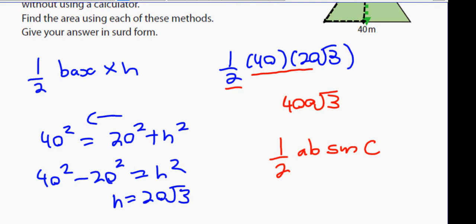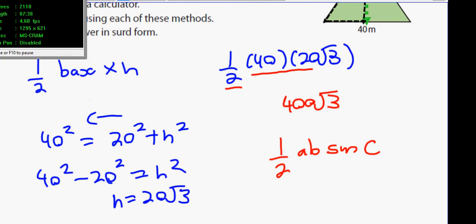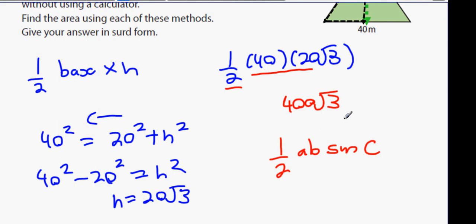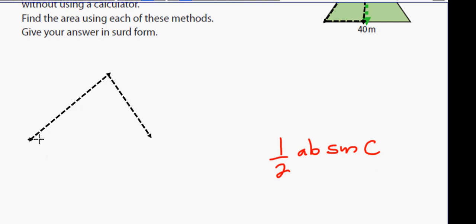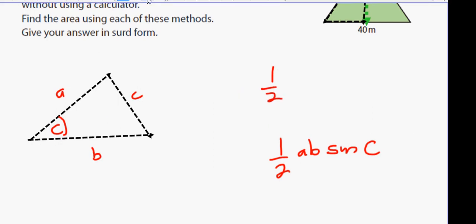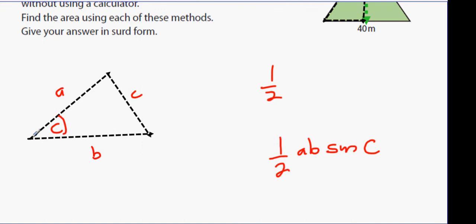Now guys, the second method, have we used the half ab sine C yet? No. Okay. There's a formula that says a half ab sine C for the area of a triangle. For this formula, it'll show you the diagram beside it, a triangle with angle C and small c, A and B. What it means is a half multiplied by any two lengths and the angle in between.